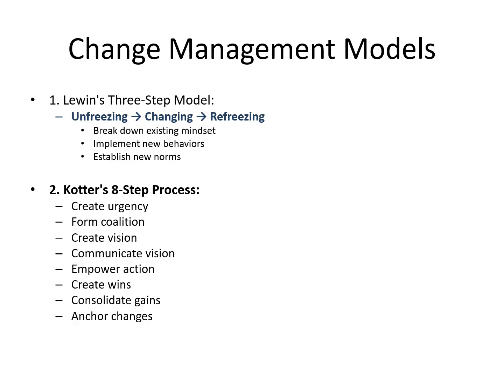Then we have the change management models. There is Lewin's three-step model: unfreezing, changing, refreezing. Basically, it is nothing but breaking down the existing mindset, implementing new behaviors, establishing new norms. Okay. Then we have Kotter's eight-step process.